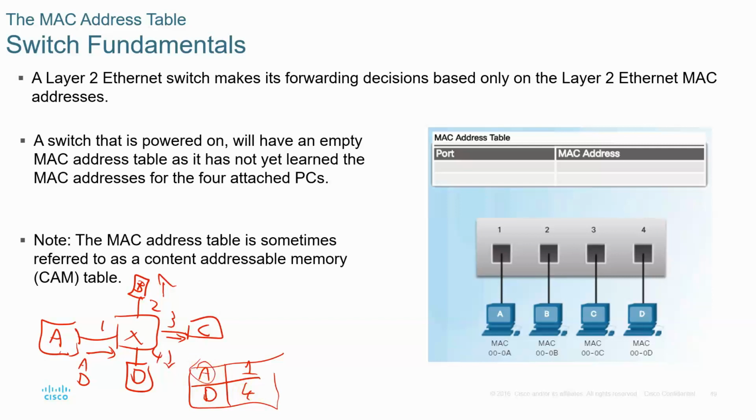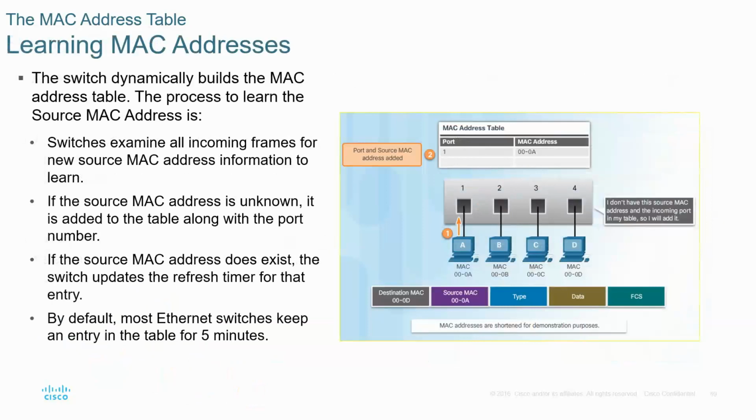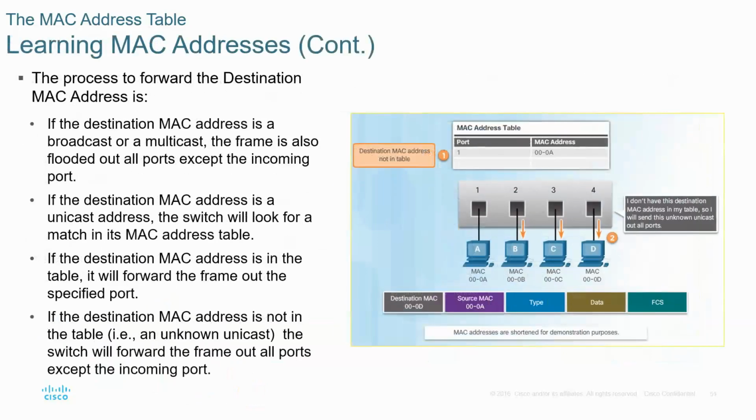As the other devices continue transmitting through the switch, it will populate its MAC address table accordingly. So that's basically how a switch learns how to forward packets. It does it on its own, no configuration needed. It learns the MAC addresses eventually.